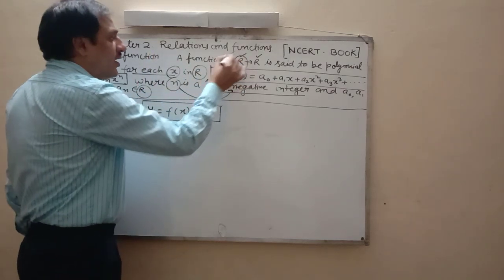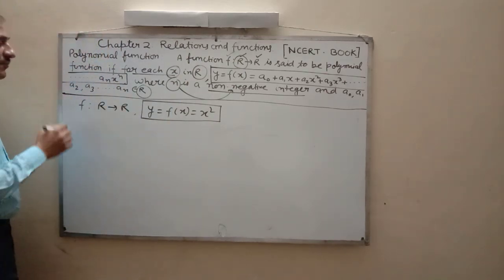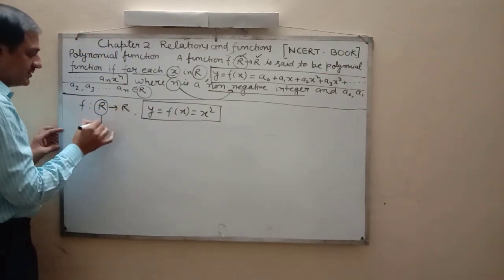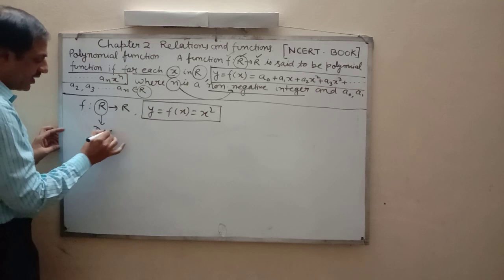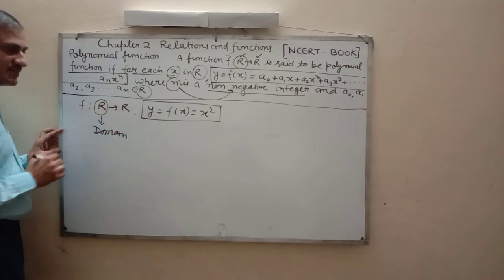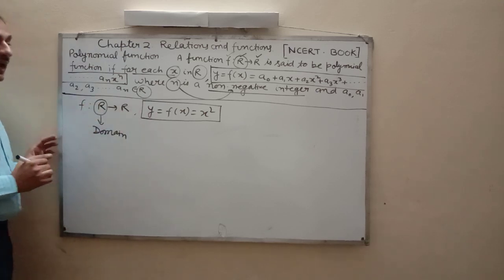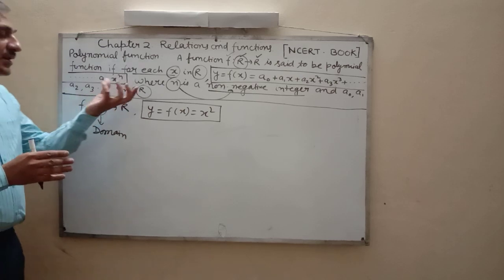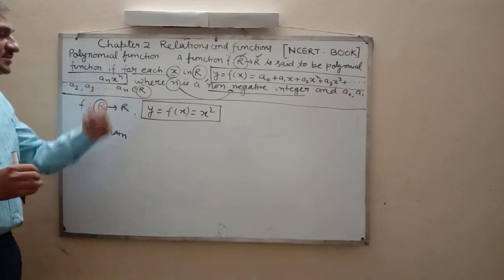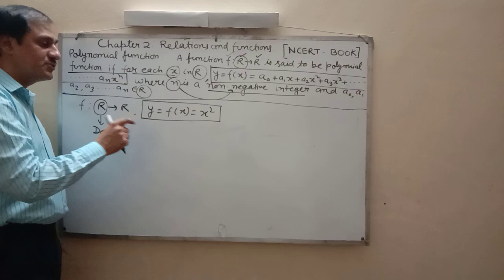The domain of a polynomial function, this is the domain of quadratic function, is always real numbers. And what should be the range of this function?